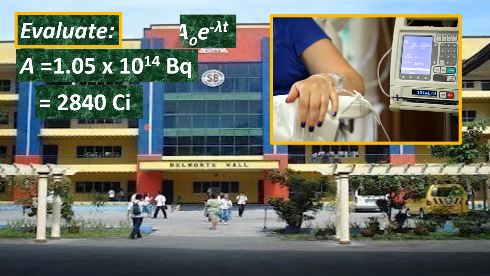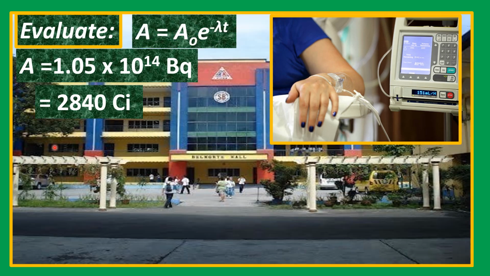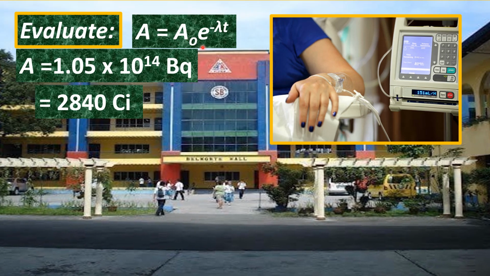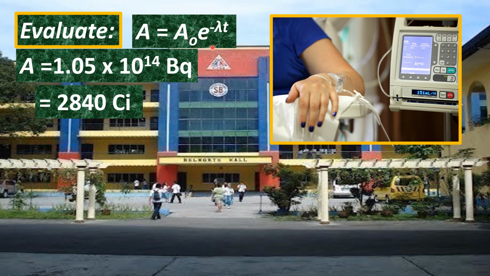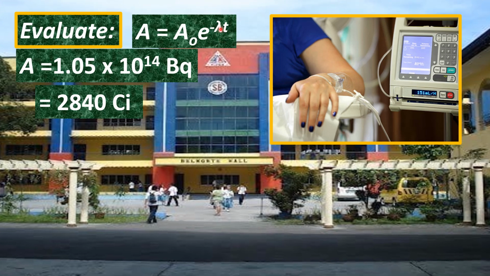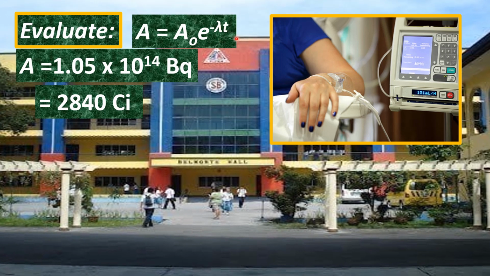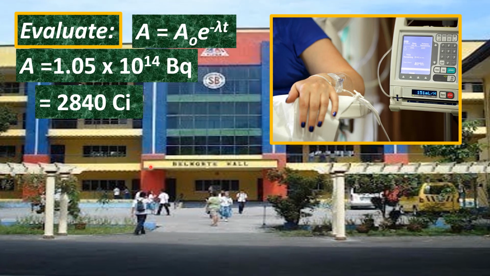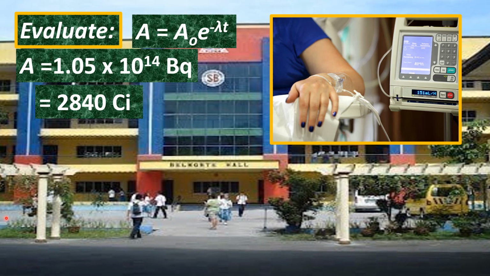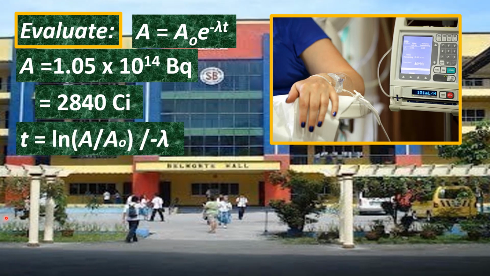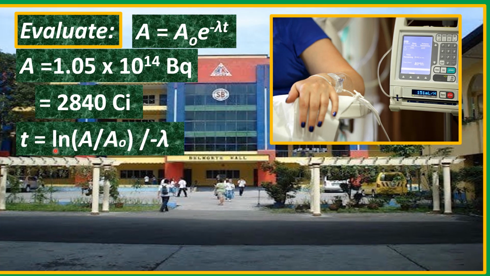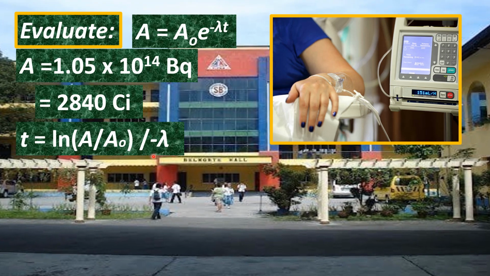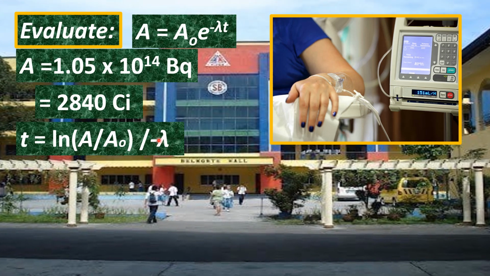Now, in the formula for activity A being equal to A naught times Euler's number raised to the power negative lambda times t, we can in fact isolate the time t and come up with an equation such as this. t is equal to the natural log of A over A naught divided by negative lambda.